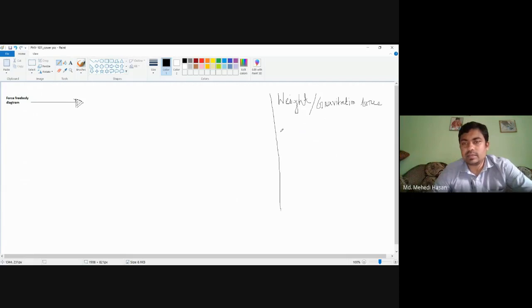Then normal reaction force, then tension force, friction, and the remaining is external force.